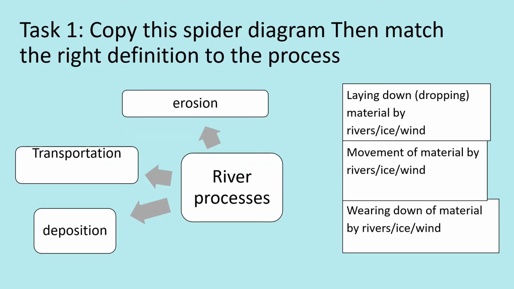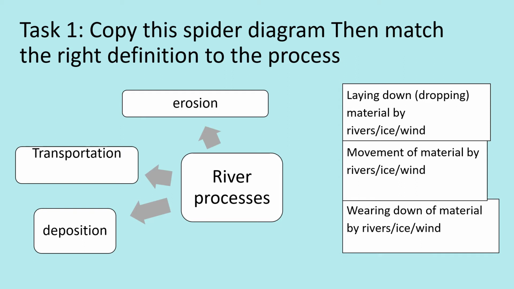So, obviously, I'd like you to copy the spider diagram. Feel free to pause the clip if you like, and try and match up the right definition to the process. Okay, so these are your definitions, your meanings, and these are your processes here. So try and match them up. Okay, so hopefully you paused the clip by now.